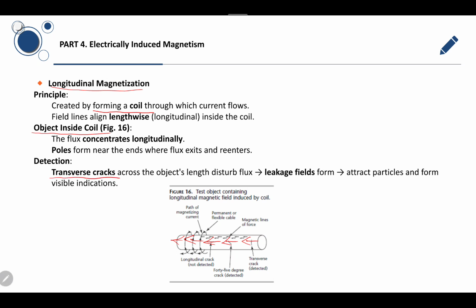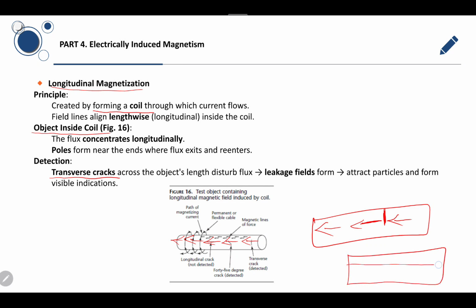First, transverse crack. Transverse crack means a crack that runs across the object length. This is the object, this is the length. This is a transverse crack perpendicular to the longitudinal field lines. Sorry, this is a longitudinal field line. This is a transverse crack. In this object, this is a weld. This is a transverse crack.